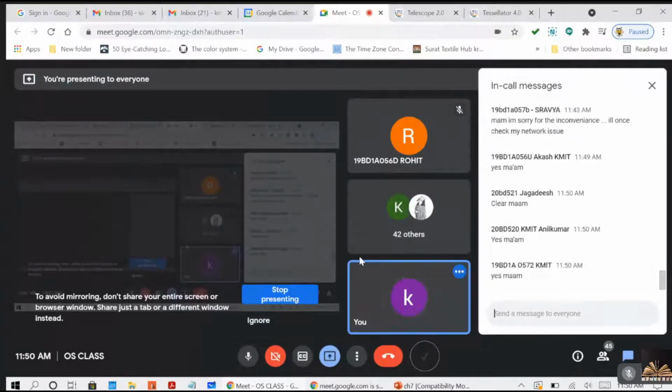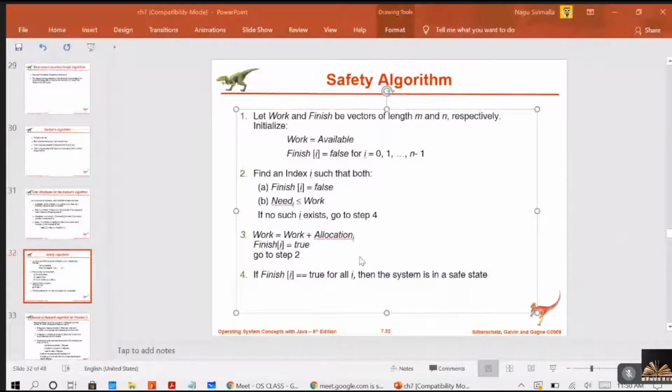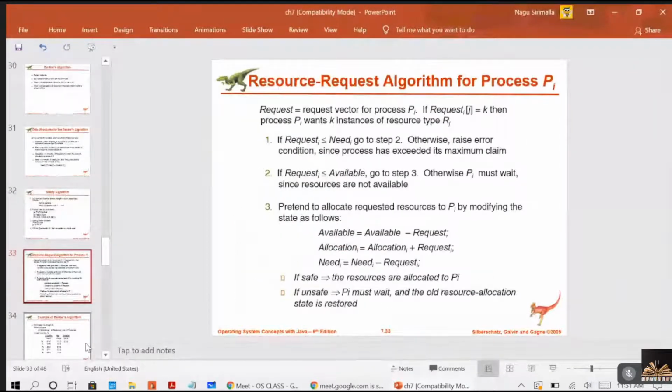Yes. Now let's move to the other algorithm, that is the resource request algorithm. So this we can actually call the banker's algorithm. When to apply this resource request algorithm, first you should know the safe sequence. Once you know the safe sequence, then according to that you will be giving the resources to the processes, right?